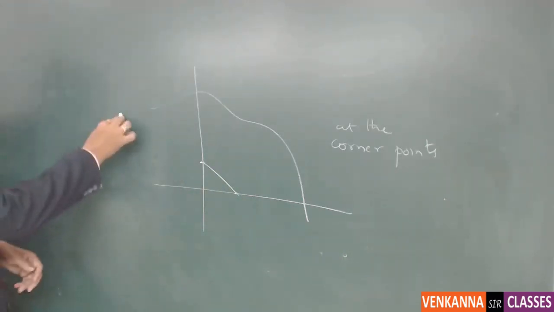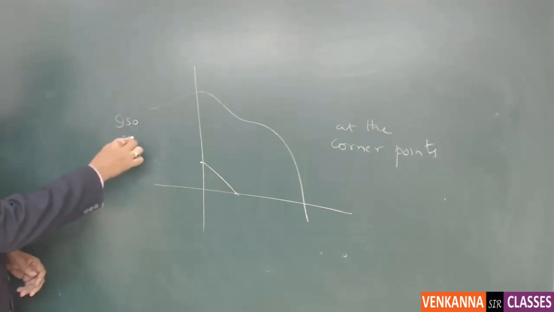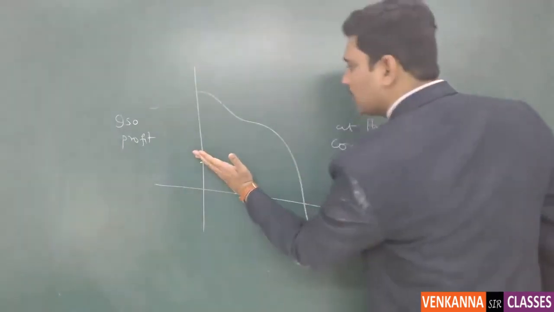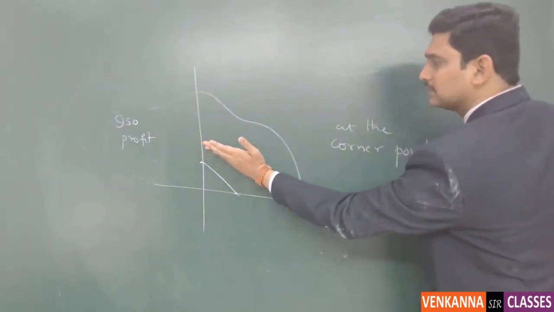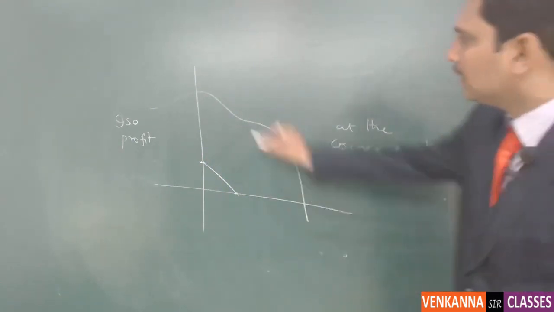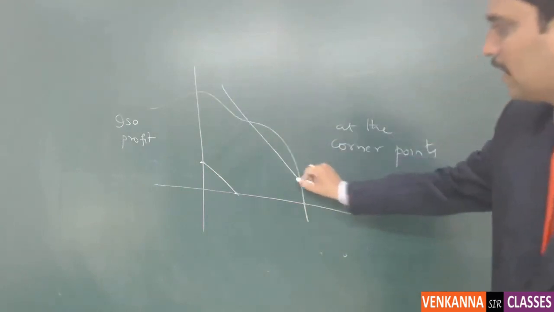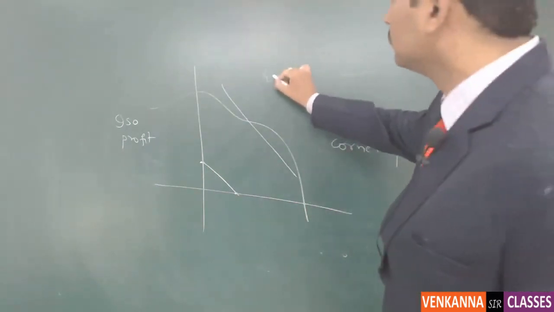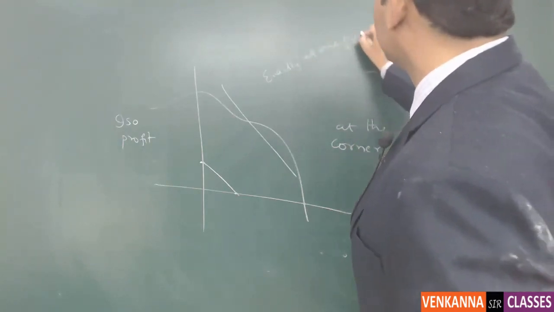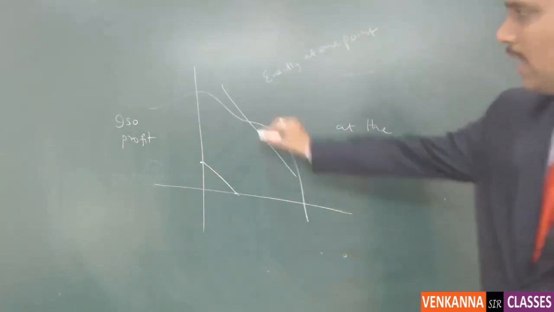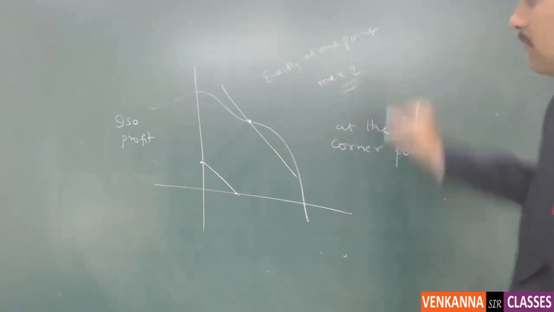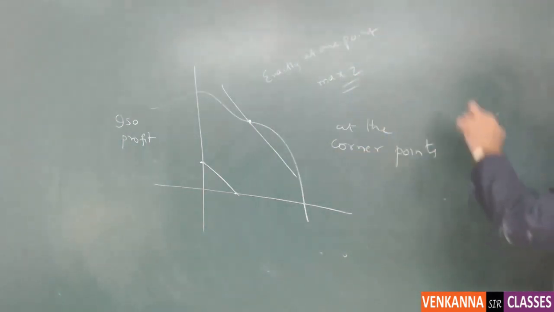For this, we draw the iso profit lines or iso cost lines, nothing but a line parallel to this, and we extend it like this. So it meets the feasible region at exactly one particular place. At that point, usually we will get the maximum z. And usually that point will be at the corner point.